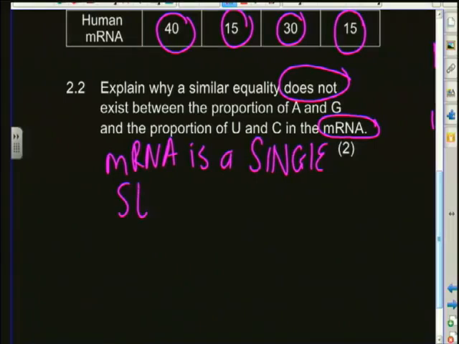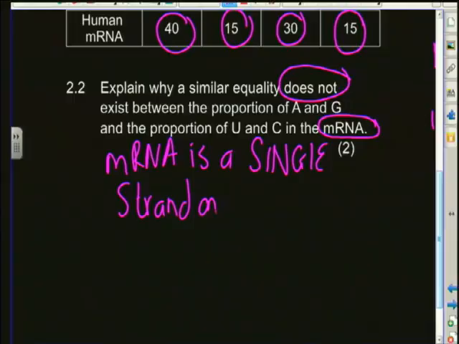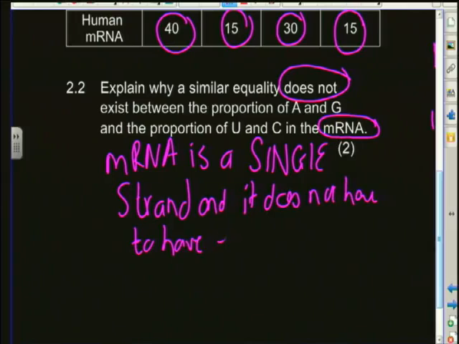It's a single strand, so because it doesn't match up with a partner, yes, we made it from DNA, but the mRNA is by itself. It doesn't have to have a proportion, right? Because it's a single strand and it does not have to have equal partners. Okay, let's use the word bases there.